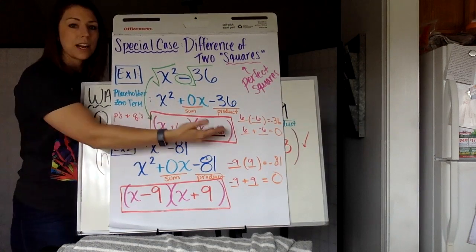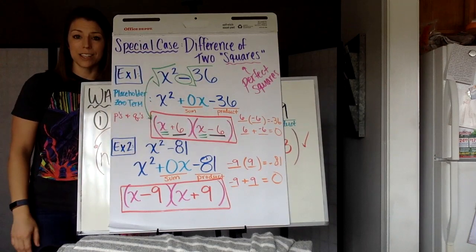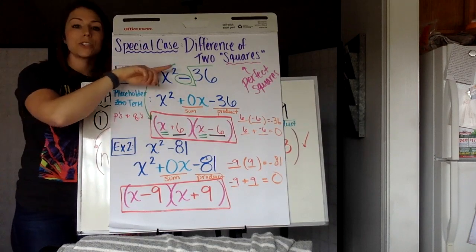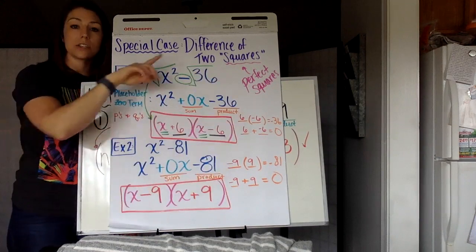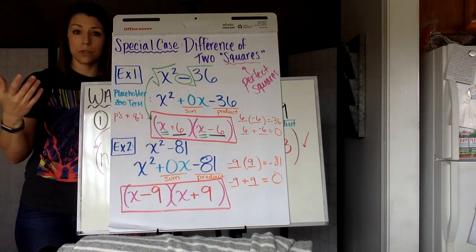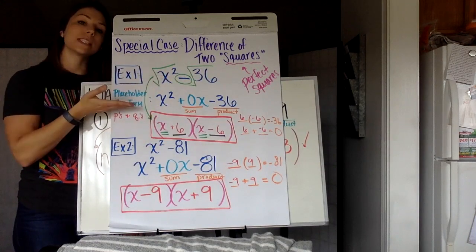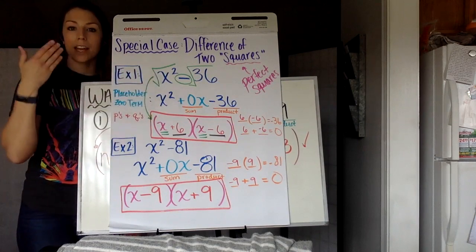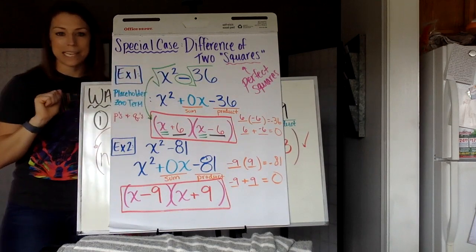And you will have your answer. So we're going to look at how to factor additional problems like this, difference of 2 squares, but this time we're going to use that pattern rather than going through the entire process of P's and Q's.